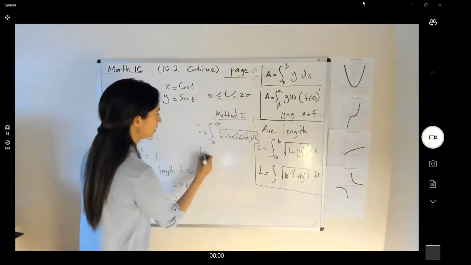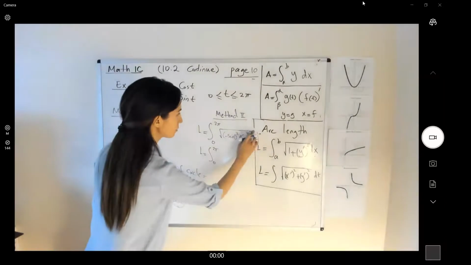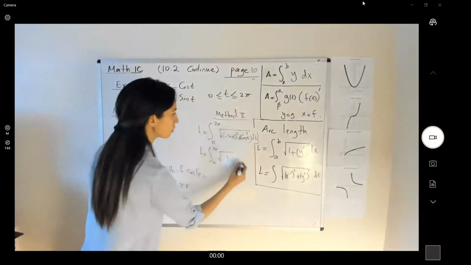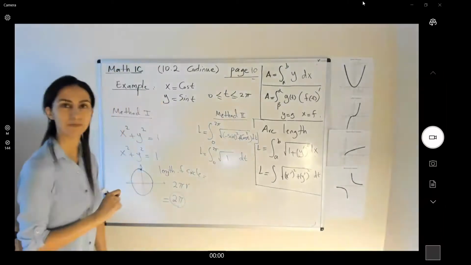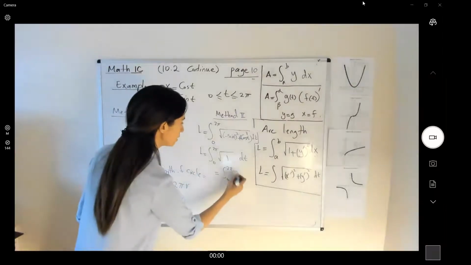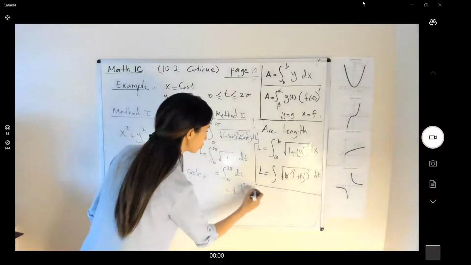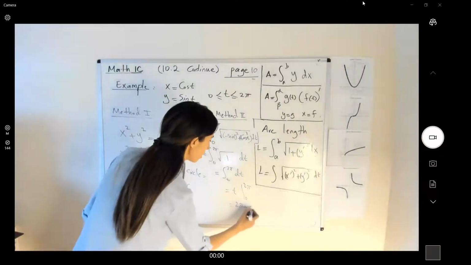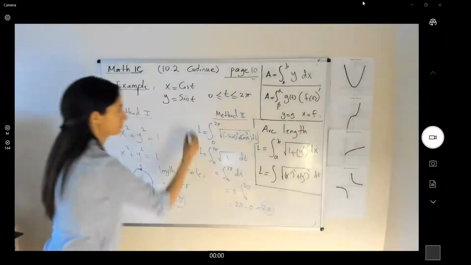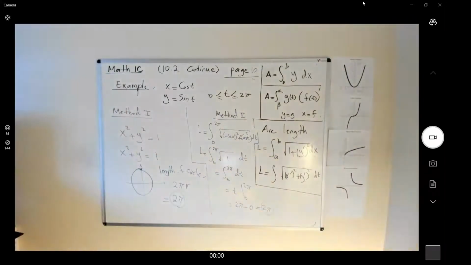Okay, L is equal to the integral 0 to 2 pi square root of sine squared plus cosine squared, which is equal to 1, times dt. This is equal to the integral 0 to 2 pi of dt, which is t. T ranges between 0 to 2 pi. This is 2 pi minus 0, or just 2 pi. Using two methods, we get the exact same outcome.